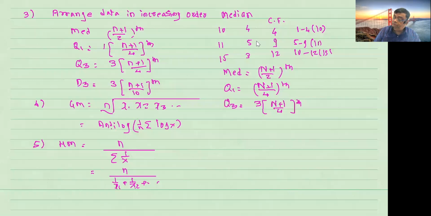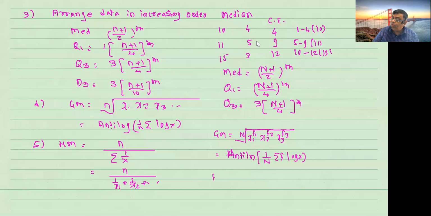Now I come to the geometric mean, and the geometric mean is equal to the capital Nth root of x1 raised to f1, x2 raised to f2, x3 raised to f3, and so on. But for theory questions, it is the antilog of 1 upon capital N summation f into log x.